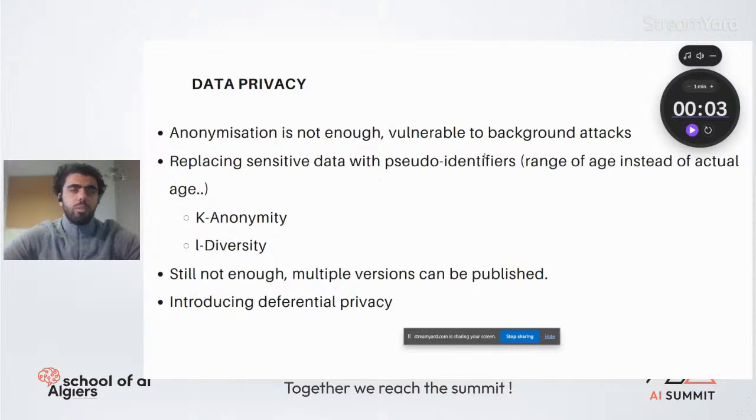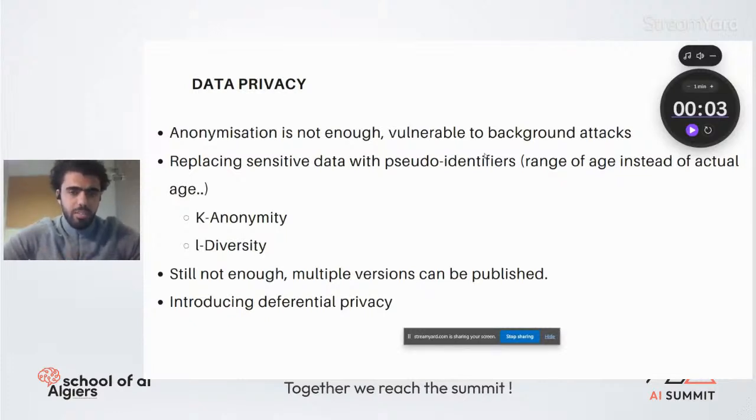One of the earliest, or one of the oldest, standards of publishing data privately is anonymization, where we take the data and remove the private fields, like the name, obviously the first name, the email address, the phone number, or any private fields of the data.